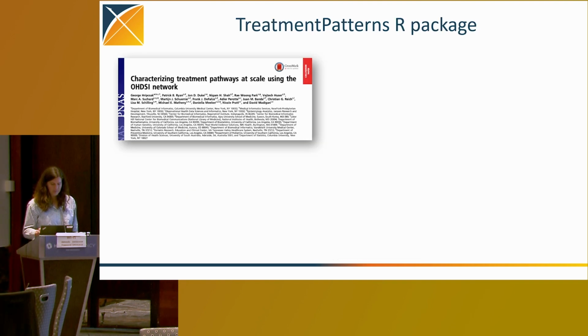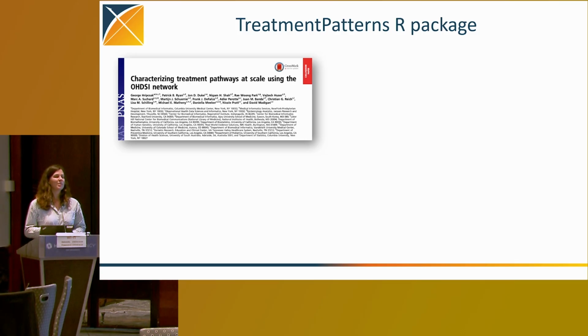And this TreatmentPatterns package actually resulted from the very first study that there was on treatment patterns, which was very impactful in terms of how big the scale was of this first analysis. It immediately looked at hypertension, type 2 diabetes, and depression, if I'm not wrong, right? So very impactful, and it actually triggered the question of, can we not do this for other disease domains?